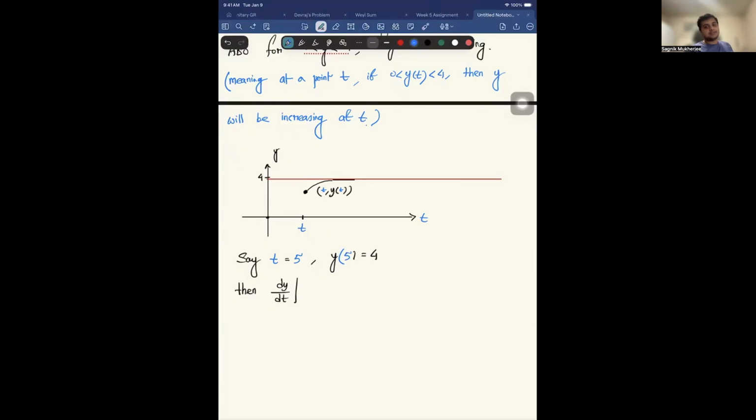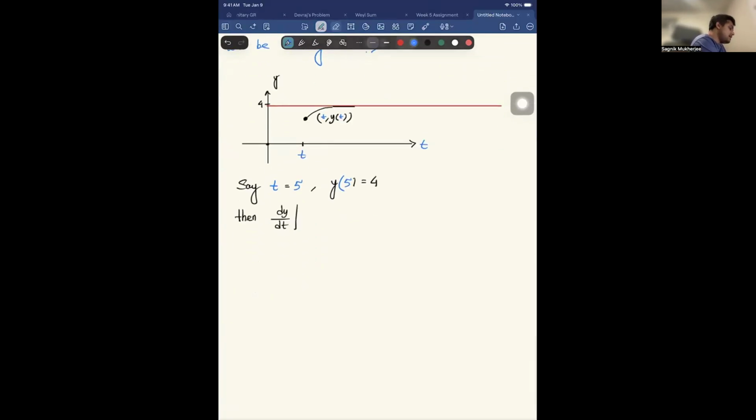Say y of 5 is 4. Then what happens? Then dy/dt at 5 is negative half times y of 5 minus 4. Right?